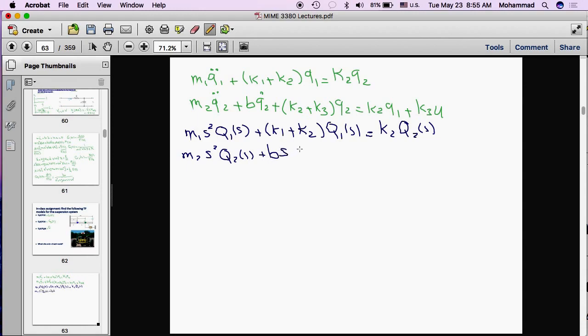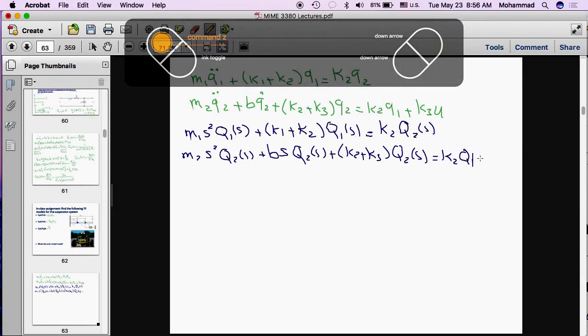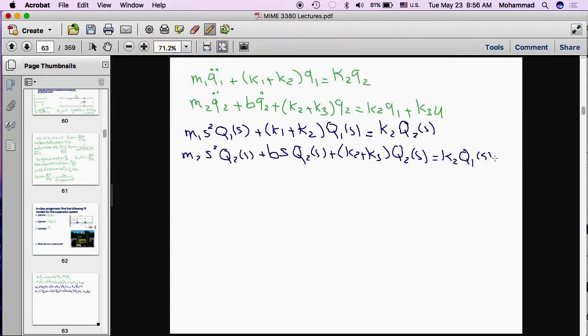Bs times Q2 of S plus K2 plus K3 times Q2 of S equals K2 Q1 of S plus K3 U of S. We turned everything into Laplace.